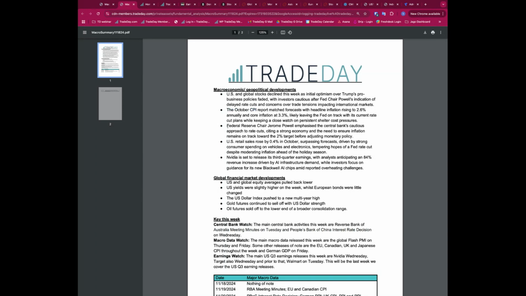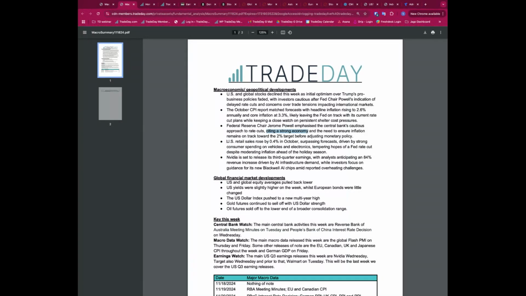There were the comments from Powell, talking about maybe a little bit more caution on cutting rates. Retail sales, which we had at the end of the week on Friday, actually beat expectations. Now, this, I think, added to the concerns on Friday after Powell's comments on Thursday. So Powell's basically saying the economy is strong, so maybe we don't need to cut rates as aggressively.